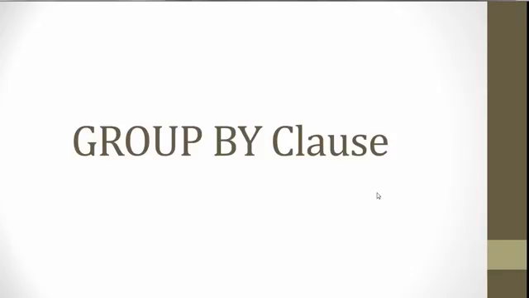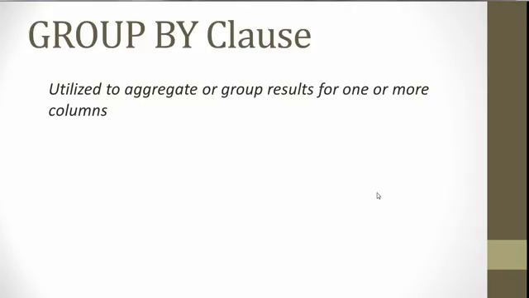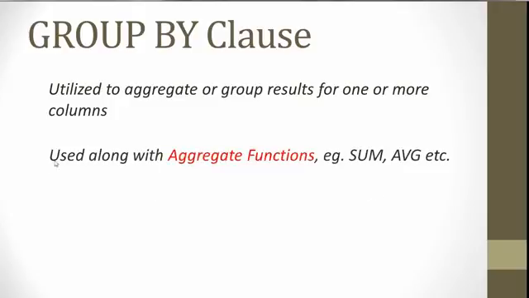The group by clause, let's see what we have here. They are mostly used to group results for one or more columns. Like if you want to select the trip expenditure by, let's say, sex or by age group, then in that case you would be using a group by clause. So that's pretty much what we are saying here.